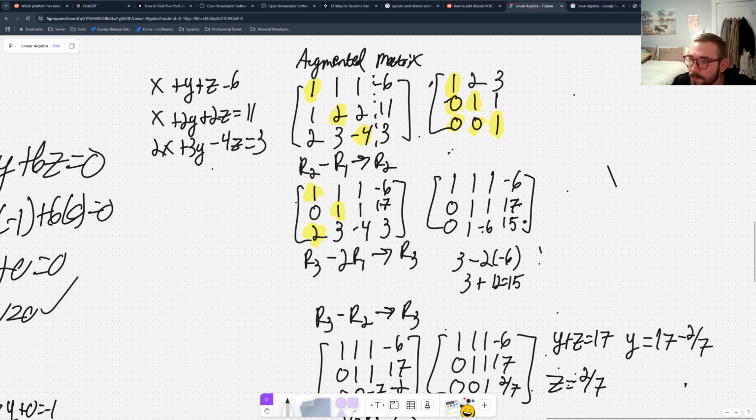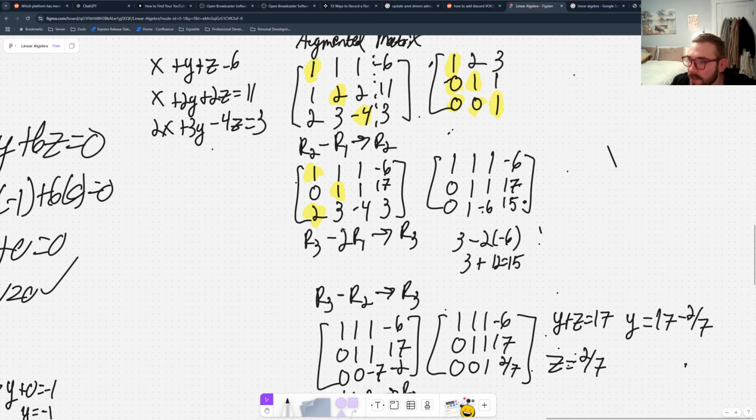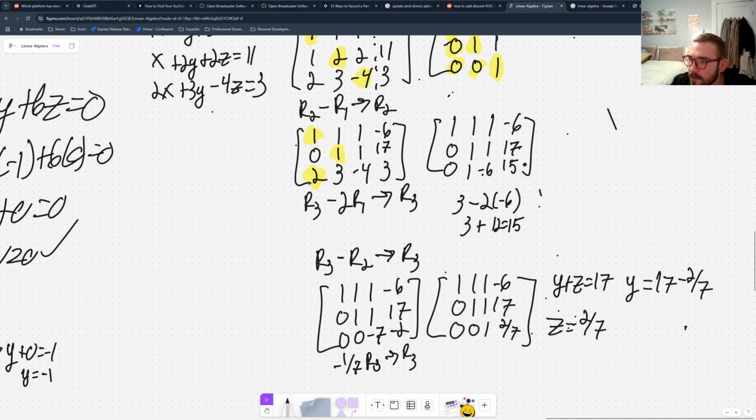That looks good to me. And then we did 2 minus 2 times 1 is 0. And we did 3 minus 2 times 1 is 1. Here. And then we did negative 4 minus 2 times 1 is negative 6.